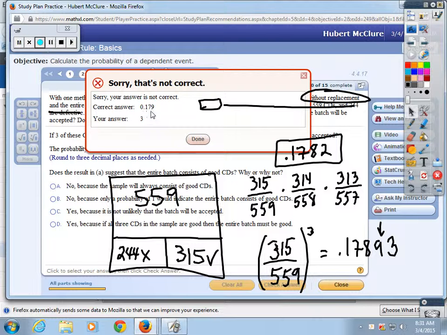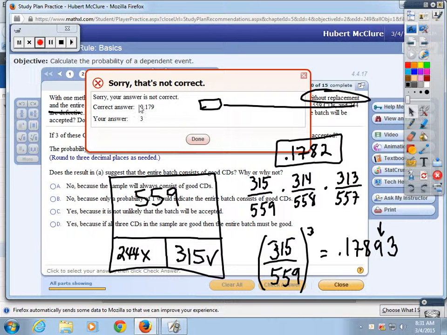So they get the answer as 0.179. I don't know how they get that with this one though. This is with replacement. See, without replacement is this one right here.